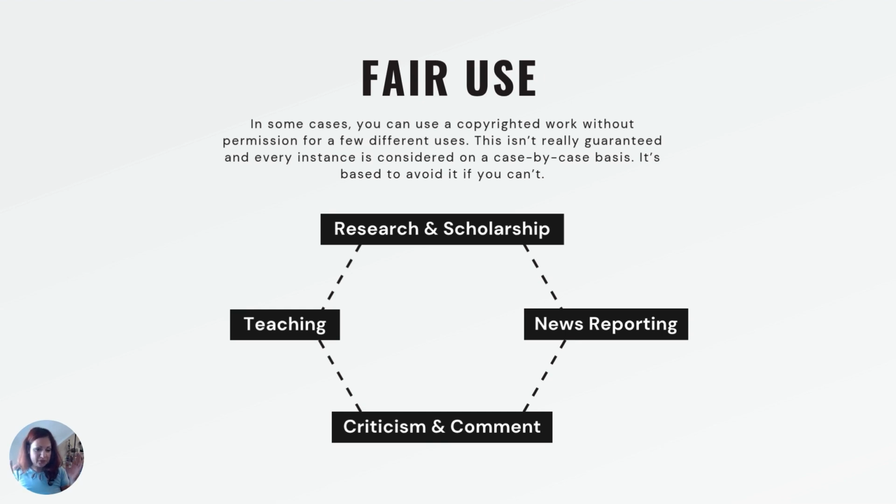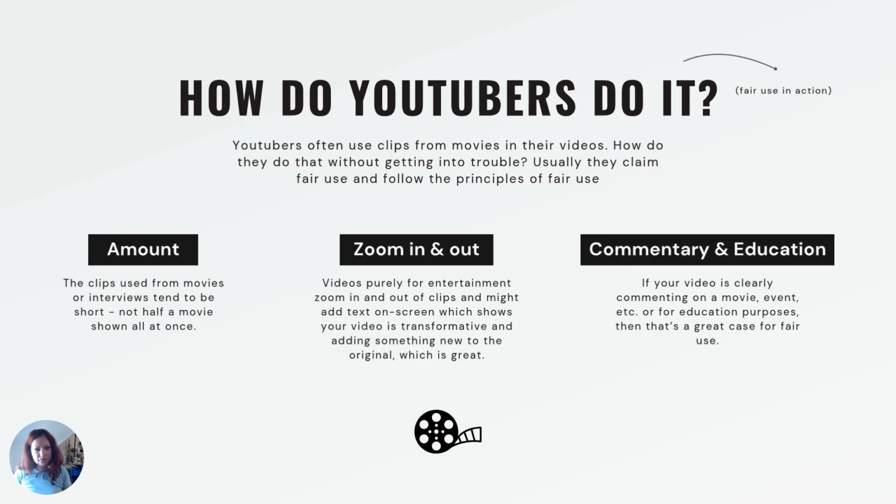If I put 10 minutes of a film in an 11-minute multimedia video artwork, then it's less likely to be fair use. So going back to that example about videos, how YouTubers do it, well, that is how they do it.